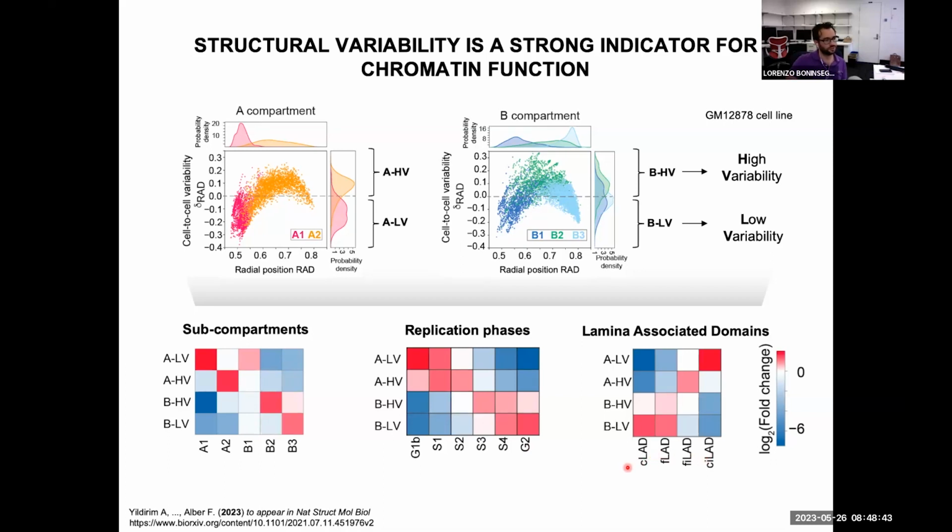And I'm not going into the details here. Those are discussed very nicely, again, in the paper, but it's clear that there is a strong functional signature here, and the enrichments are very different across the different chromatin classes. So this seems to indicate that structural variability can be a strong indicator for chromatin function.